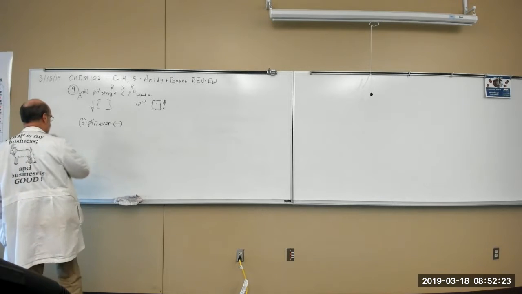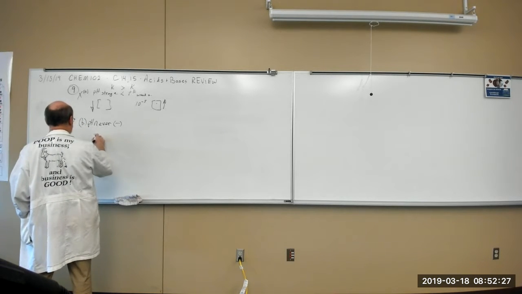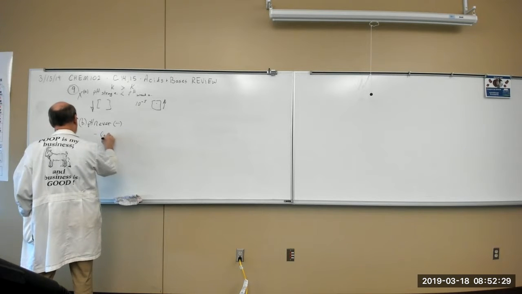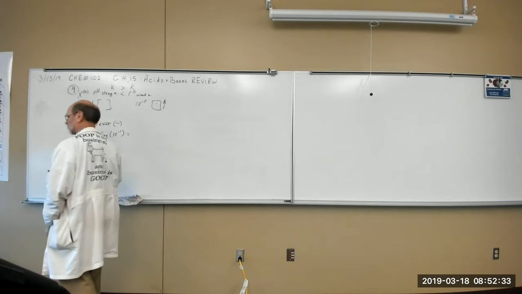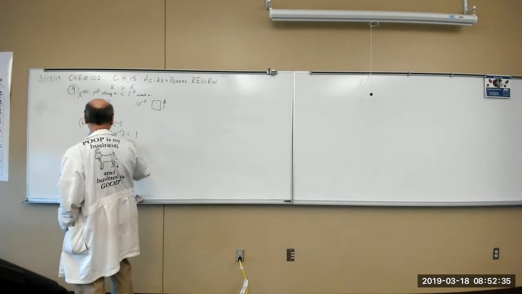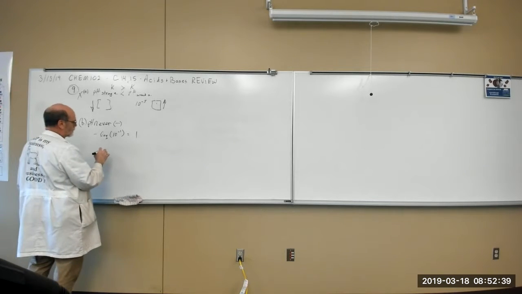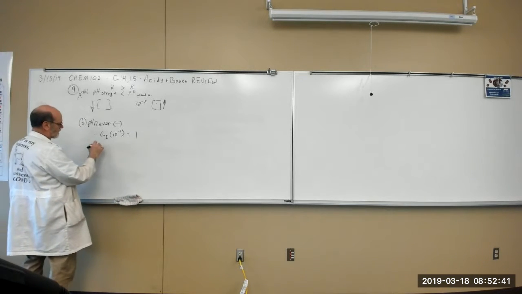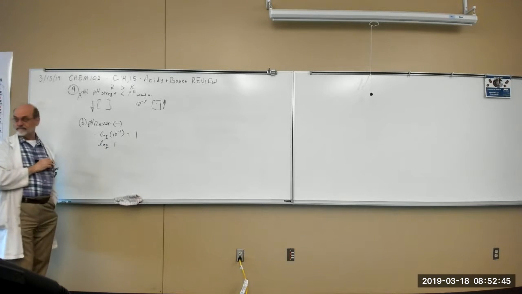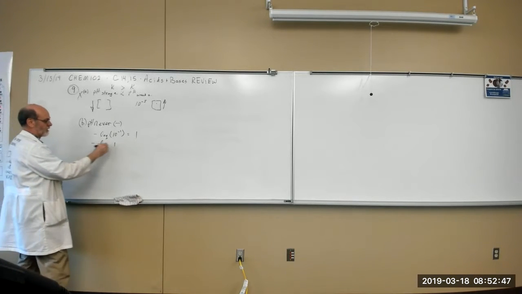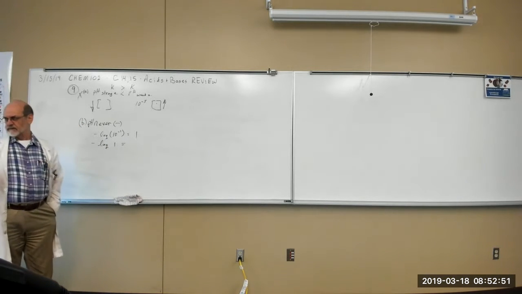What if we say, all right, the negative log of 10 to the minus 1 would be what? It'd be 1, right? Okay. What if your concentration was 1 molar? What's the negative log of 1 molar? Well, that's what? 10 to the 0?